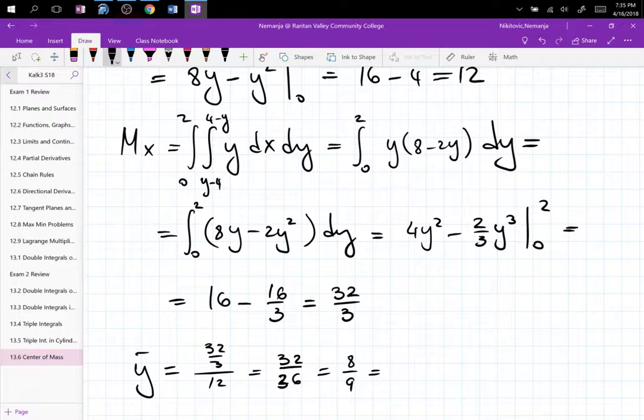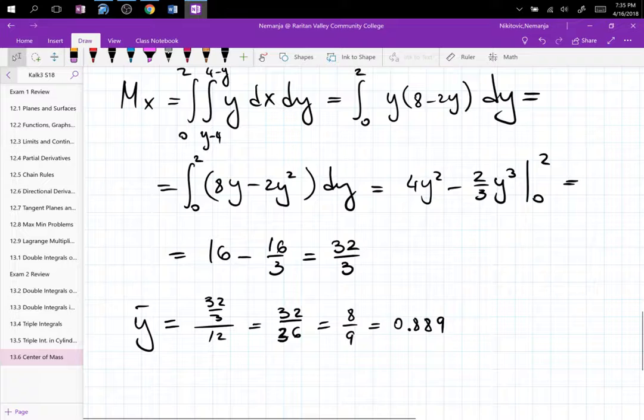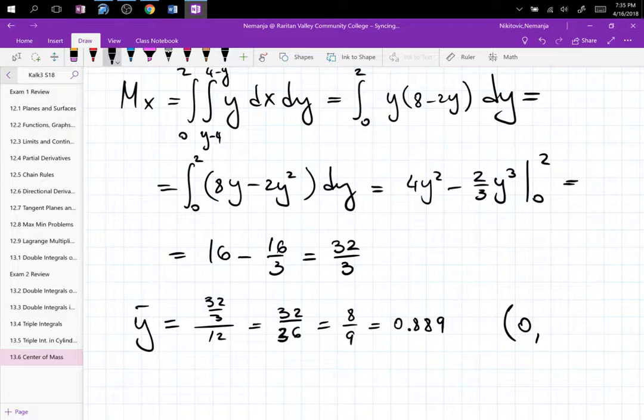So what do we get when you divide 8 by 9? Do you get 0.8 repeating? .889. Exactly as we have foreseen. So what is the center of mass? It is 0, 0.889.